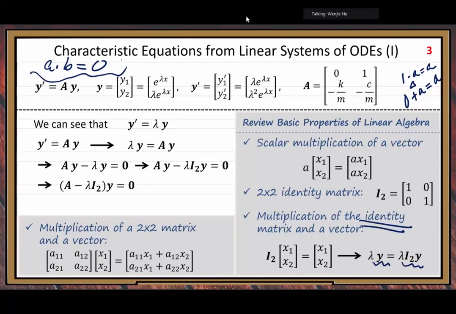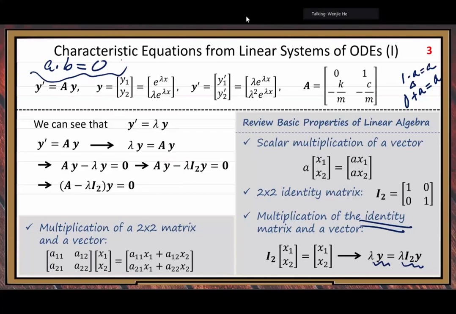It is possible that both objects are non-zero, but their product equals 0. Completely different from our 1D space. In 2D space, the product equals 0 but both operands are non-zero. The matrix is non-zero, the y vector is also non-zero. That could happen.